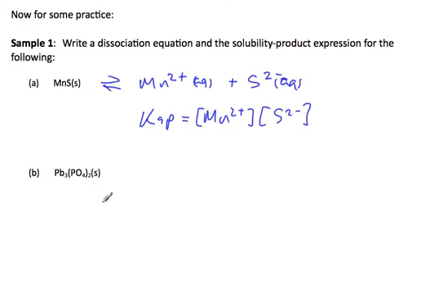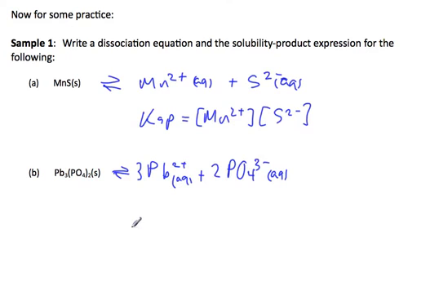How about lead 2 phosphate? The dissociation gives Pb2+ times 3, that's what the 3 indicates, plus PO4 3- aqueous times 2, that's what the 2 indicates.